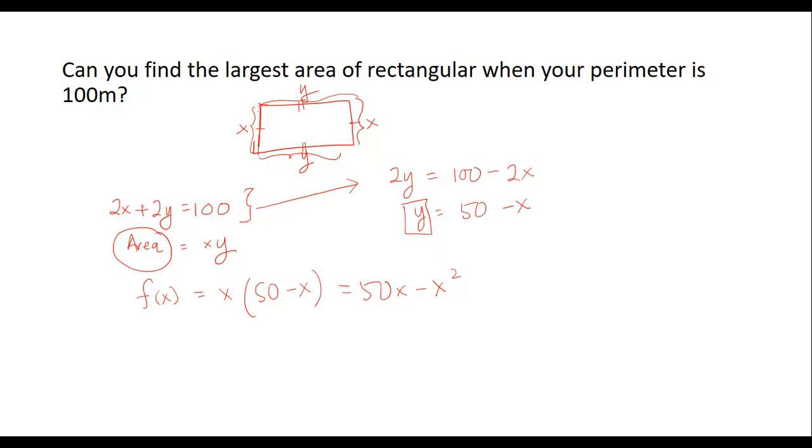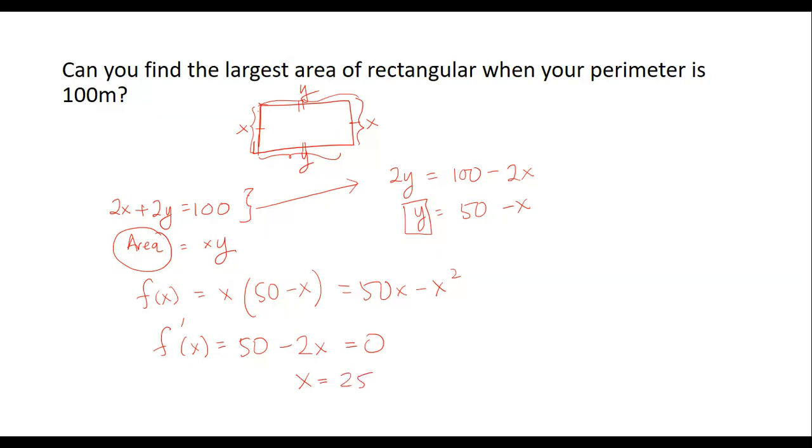Yes, because if I can get my critical point, I can test whether it is a maximum or a minimum point. So basically, I'm using that knowledge. I put the prime for my f, and then my value becomes 50 minus 2x. I can safely say this equals 0, and then I get my x equal to 25.